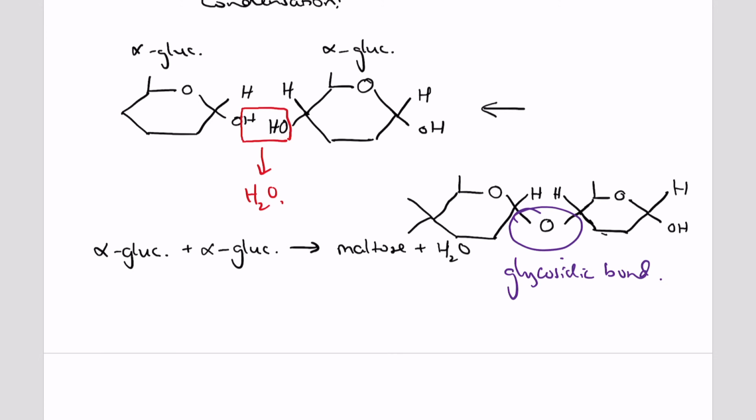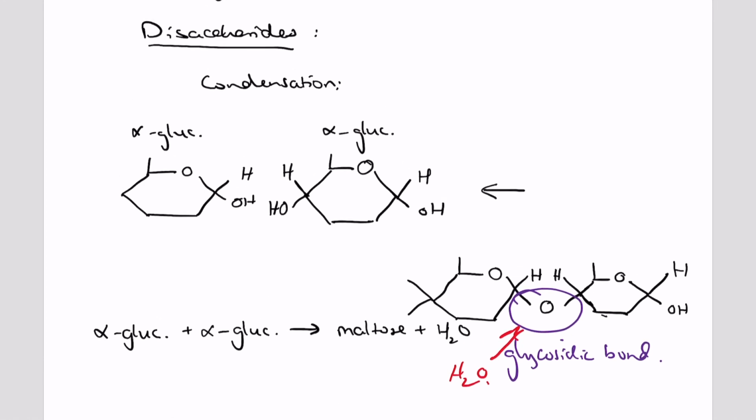If we chuck some water in like that, it breaks the glycosidic bond and splits the molecules apart to give their monomers, which are the two alpha glucose molecules. And this happens whenever we want to produce disaccharides or hydrolyze disaccharides into monosaccharides.